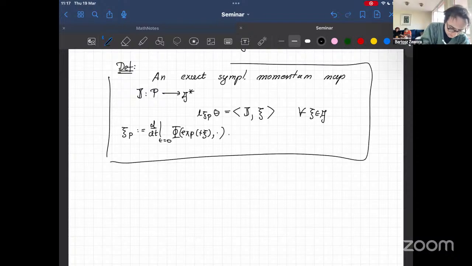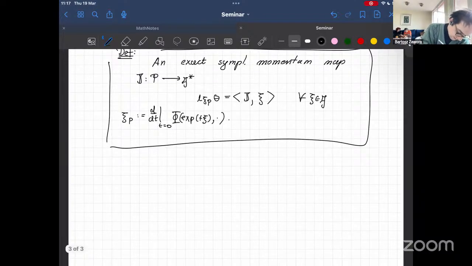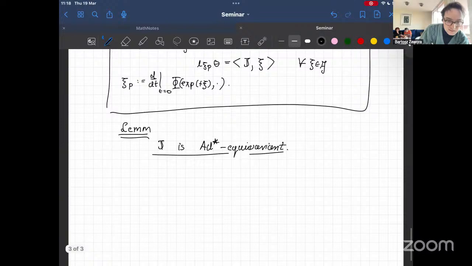Okay, so the first difference is that in the general case, our momentum map is not ad equivariant, but in our case, the momentum map is ad equivariant. And what does it exactly mean?